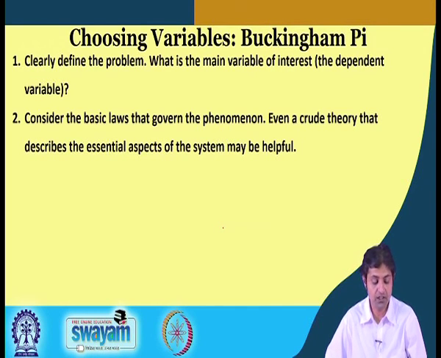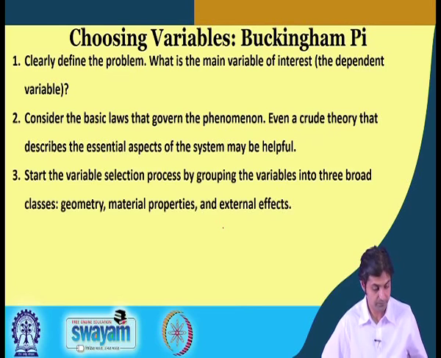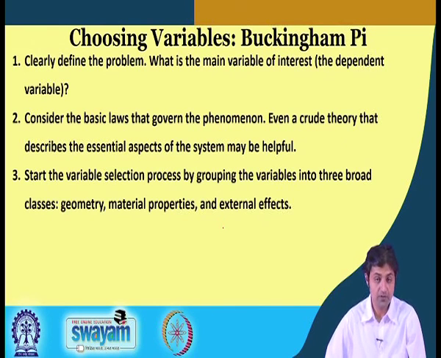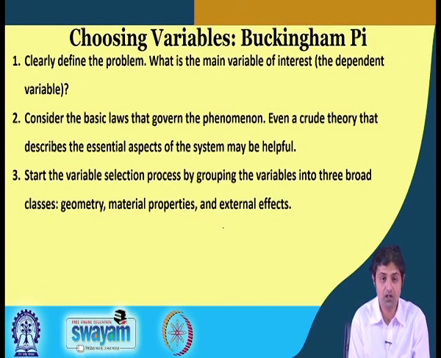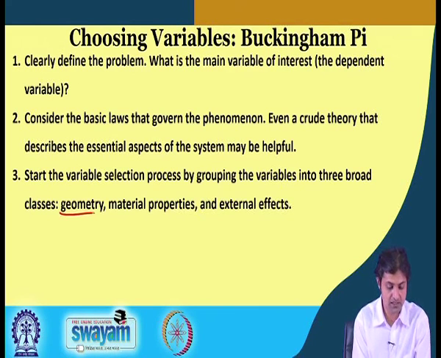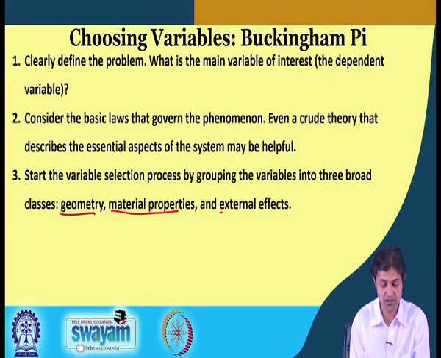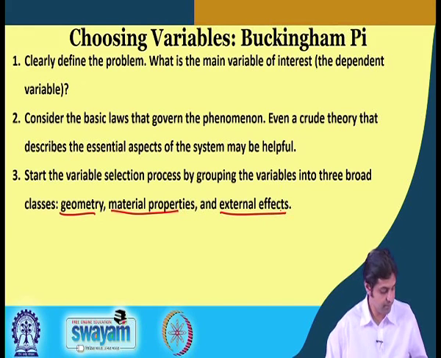Even a crude theory that describes essential aspects of the system may be helpful in cases like these. Now, you have to start the variable selection process by grouping the variables into three broad classes, which we have already seen. One class is geometry, the other is material properties, and the third is external effects.